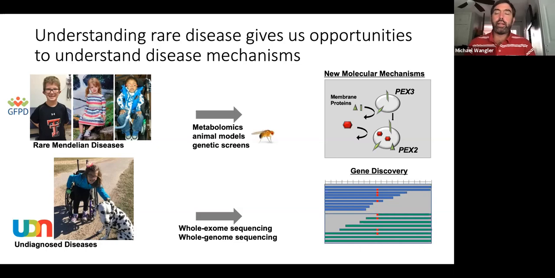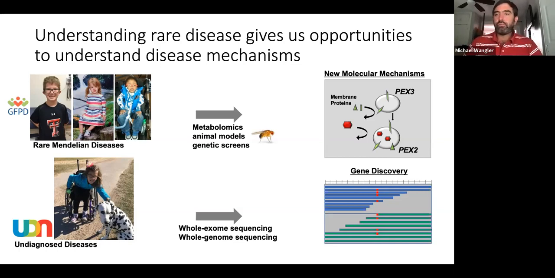And our idea is that rare and particularly Mendelian diseases give us opportunities. So we have interest in patients that have rare single gene disorders, and we'll apply metabolomics, animal models, and genetic screens in models like Drosophila to try to discover new molecular mechanisms. And the hope is that those mechanisms may be important for common disorders and other conditions.